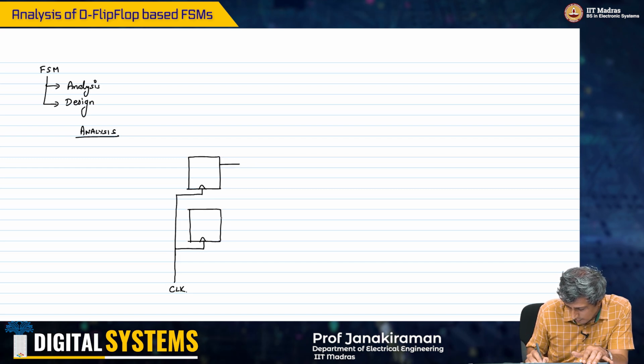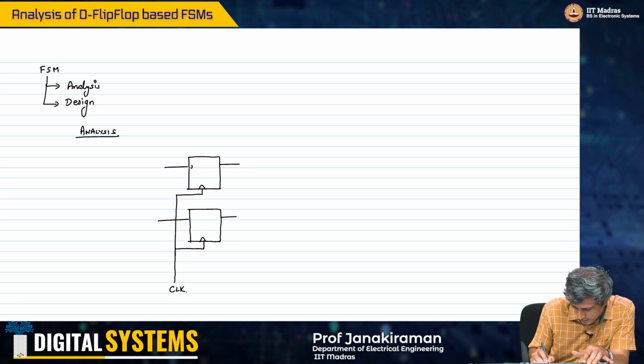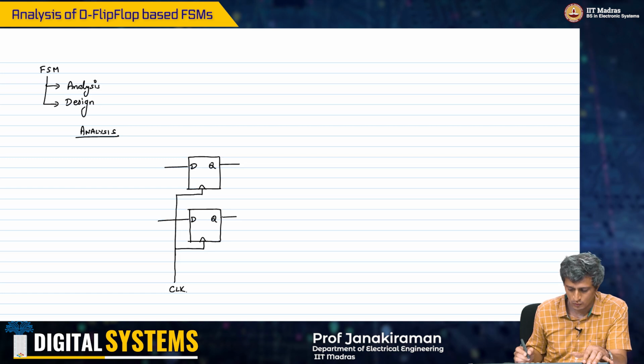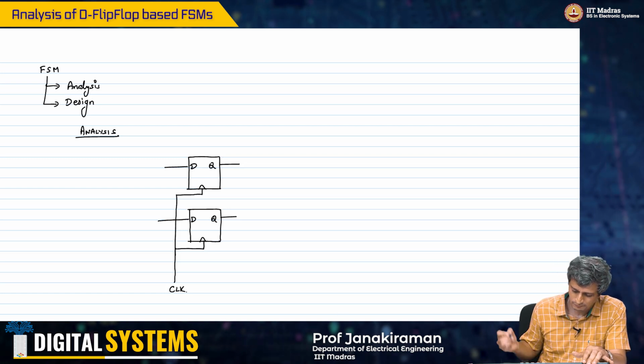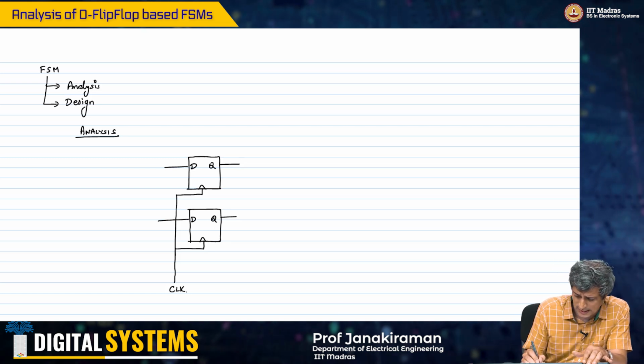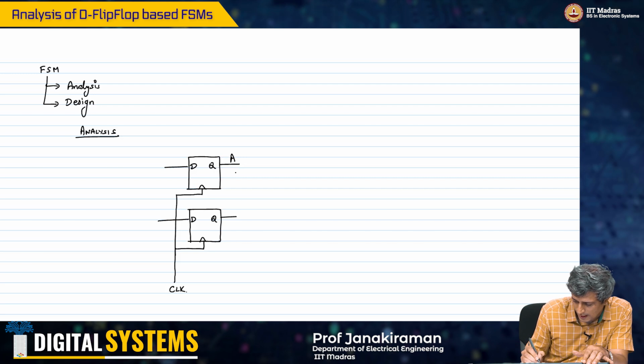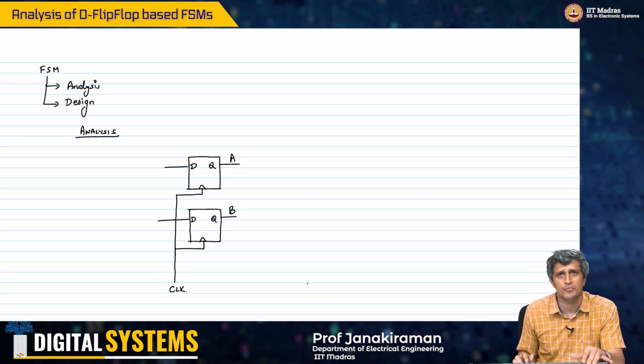And I have, this is D, this is Q, D and Q. Okay, so let me call this A and B, right? So this is an example from the textbook.